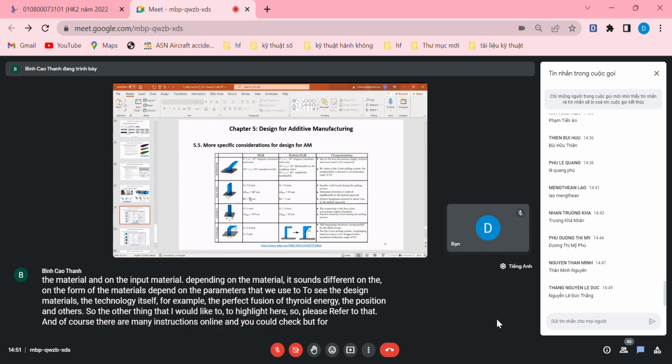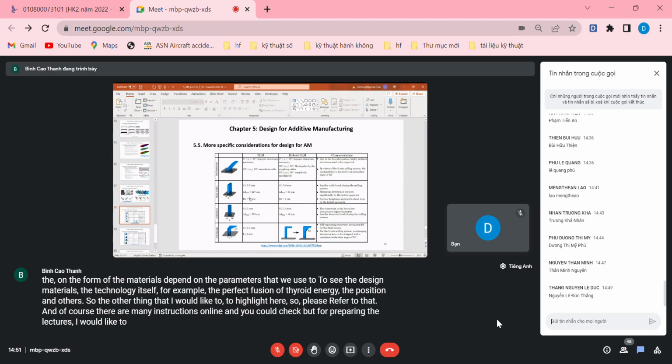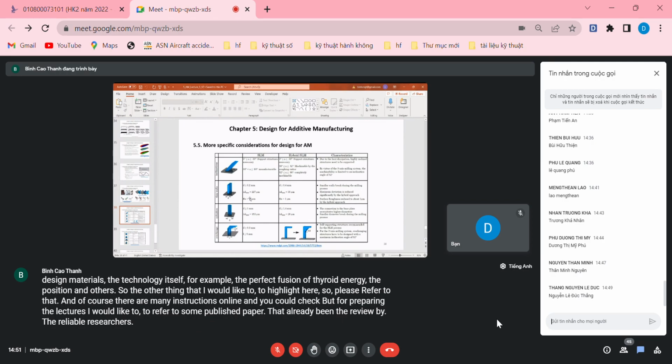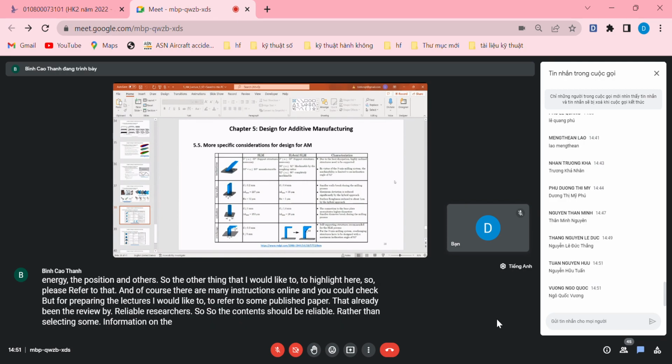But for preparing the lectures, I would like to refer to published papers that have already been reviewed by reliable researchers. So the content should be reliable, rather than selecting some information from the internet, which is not really good in that case.